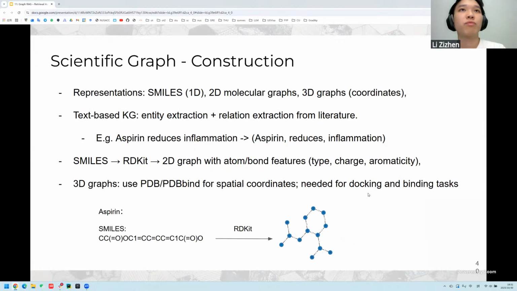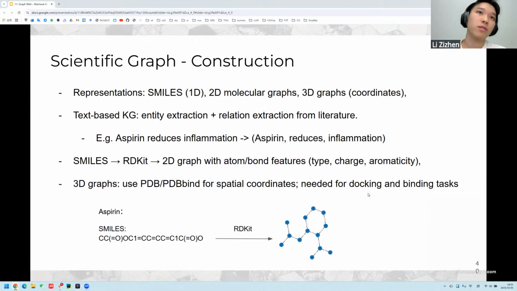Some of the representations of the scientific graph include SMILES, which is for 1D. You can also have a 2D molecular graph, or if you introduce coordinates, it can form 3D graphs. Aside from this kind of molecular structure, in medicine you can also extract relationships from text, which is similar to what a knowledge graph does.